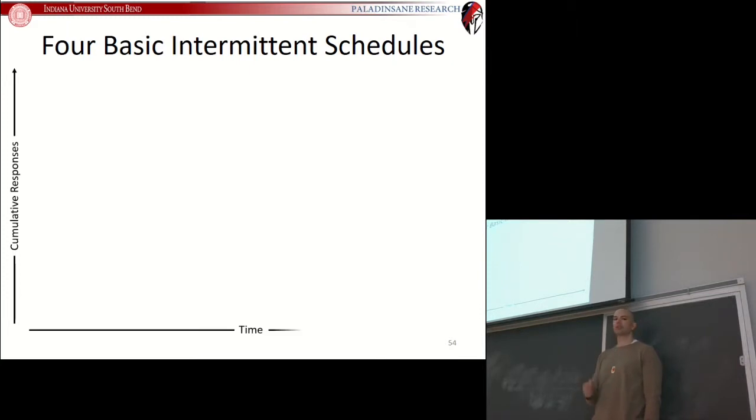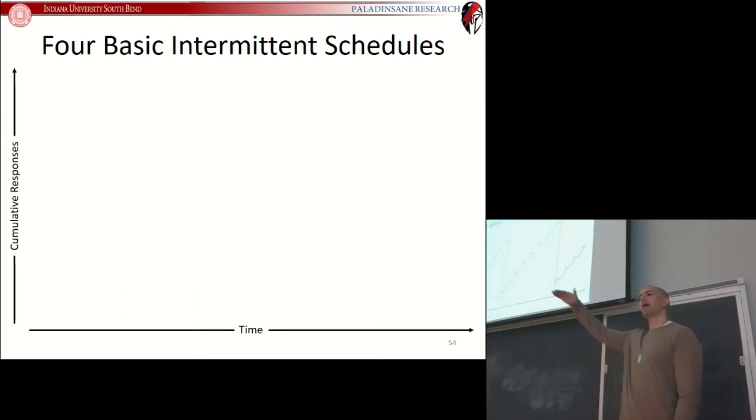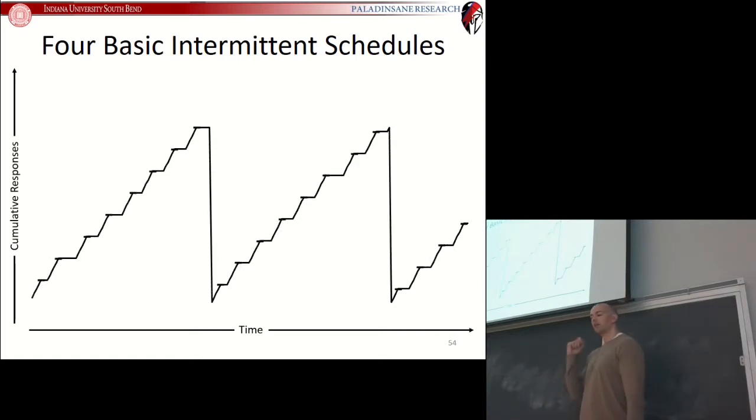That's time on the x-axis there. And if you put an organism on a fixed ratio schedule of reinforcement, this is the pattern of behavior that you're going to find.